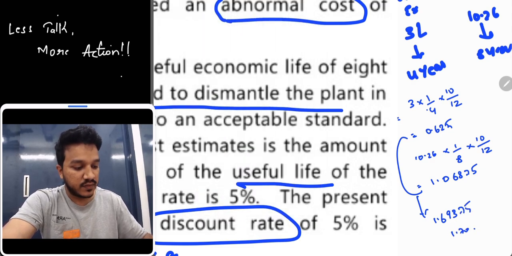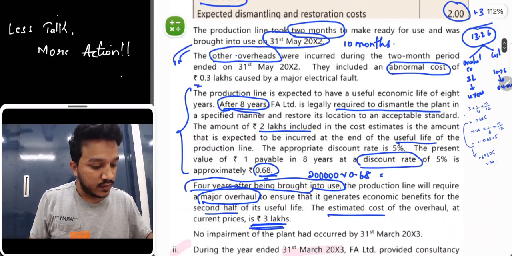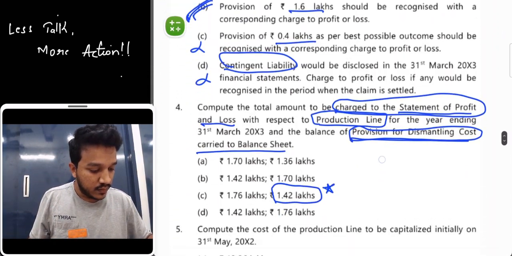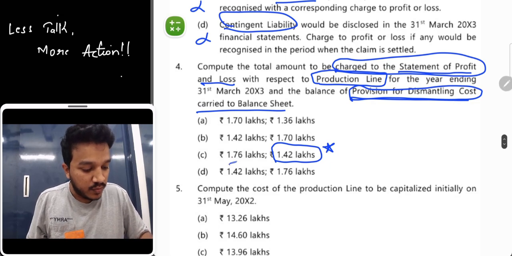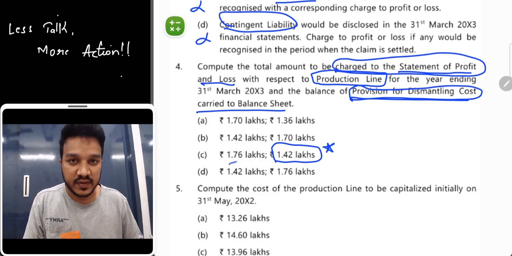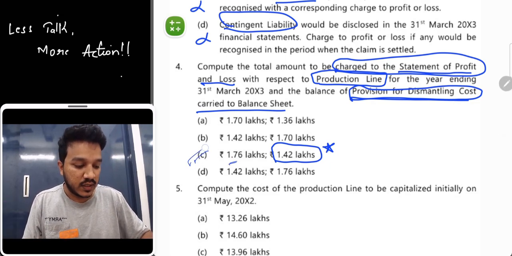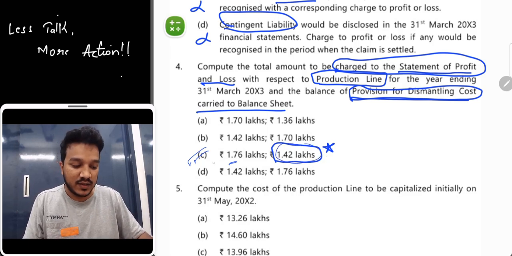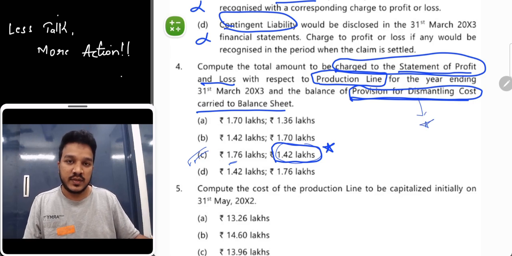Now we will see if that option is there or not. Let's go. So here 1.76 is coming, and we got 1.70. So you can actually go with this answer. You can find this one answer and decide that this is option C, because we get the dismantling cost easily, right?